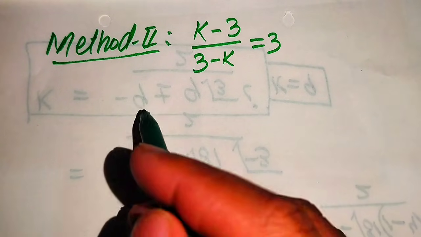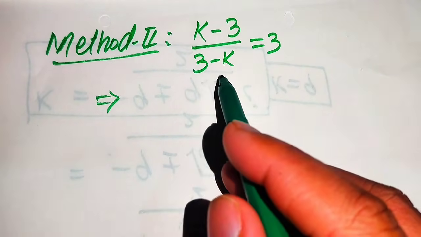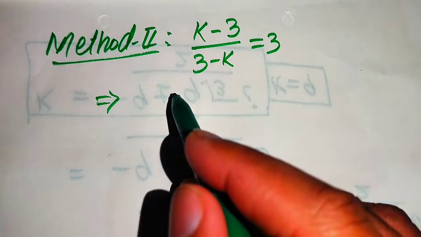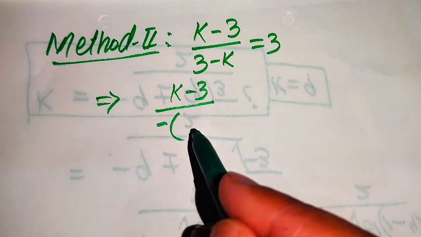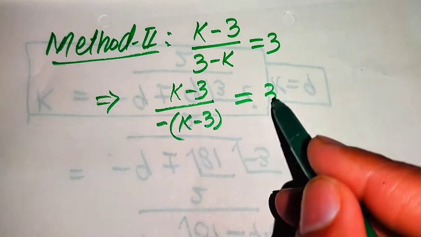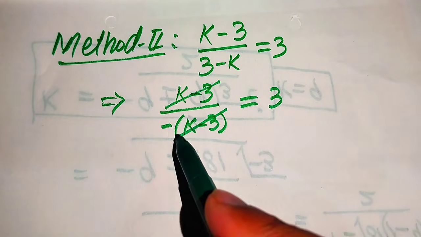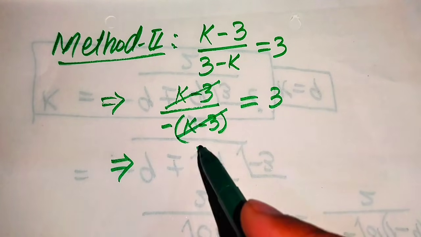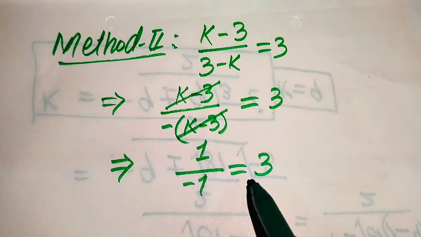Okay, so in this method you see here in the denominator we have 3 minus k. When we take the common minus sign out from here, it will be written as minus times (k minus 3) is equal to 3. And here you see that this k minus 3 and this k minus 3 cancel out each other, and we get 1 divided by minus 1 is equal to 3.